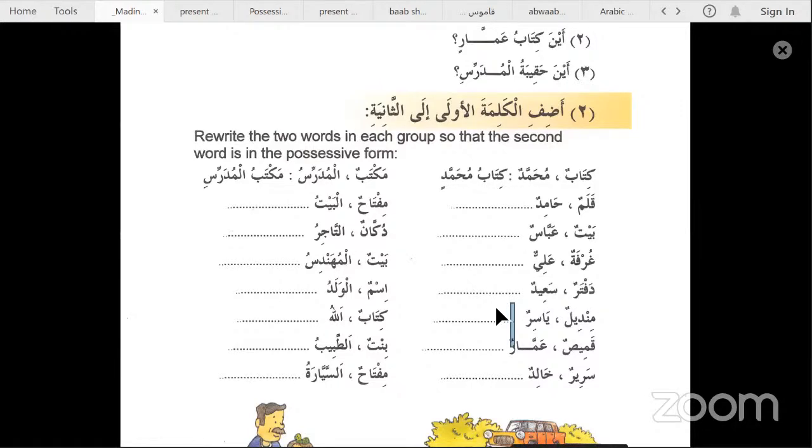Sister Batul. Assalamu alaikum. Walaikum salam. Sariru Khalidu. Miftahun Sariro Khalid. No, Sister Batul. Sariru Khalidin, kasra tanween.